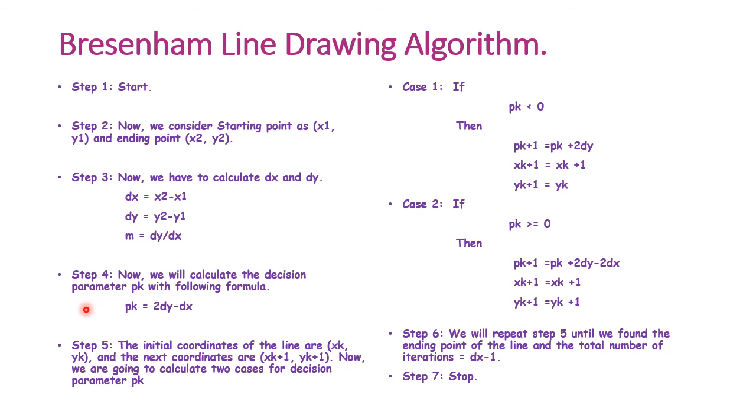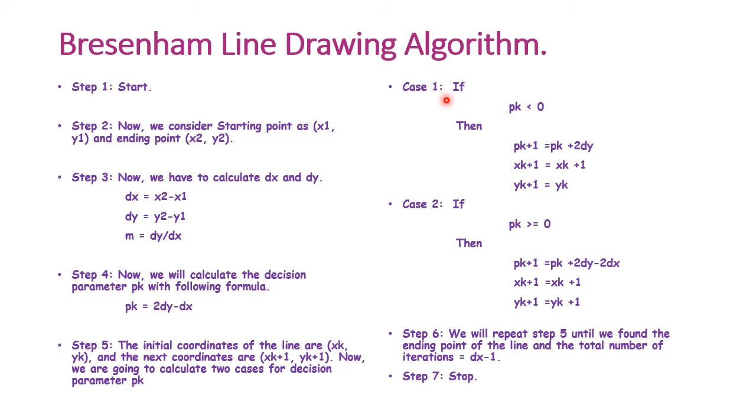Here we calculate the initial decision parameter, that is pk is equal to 2 dy minus dx. Step 5, the initial coordinates of the line are xk, yk, and the next coordinates are xk plus 1, yk plus 1. Now we are going to calculate two cases for the decision parameter pk.